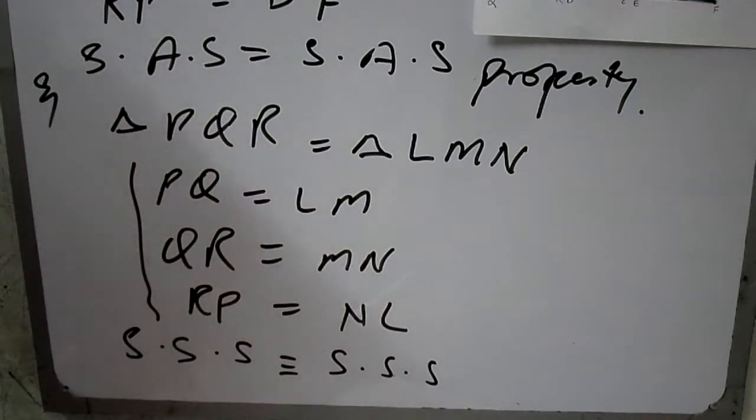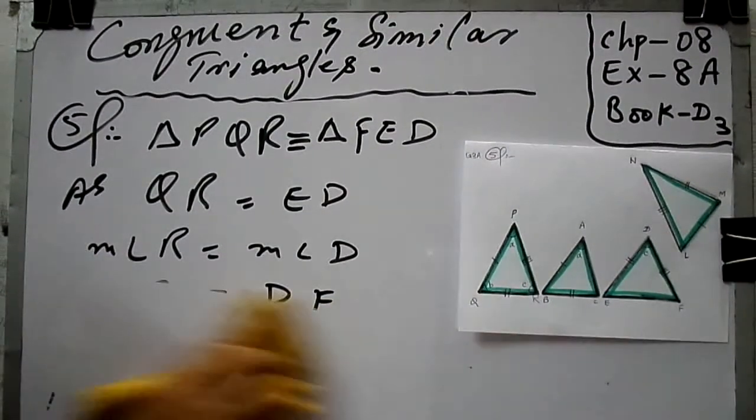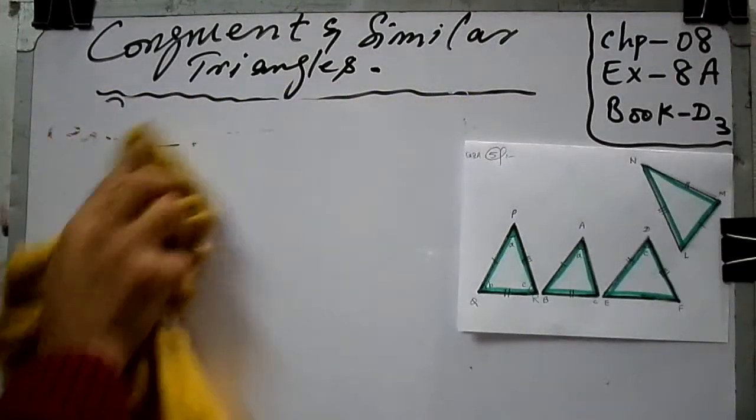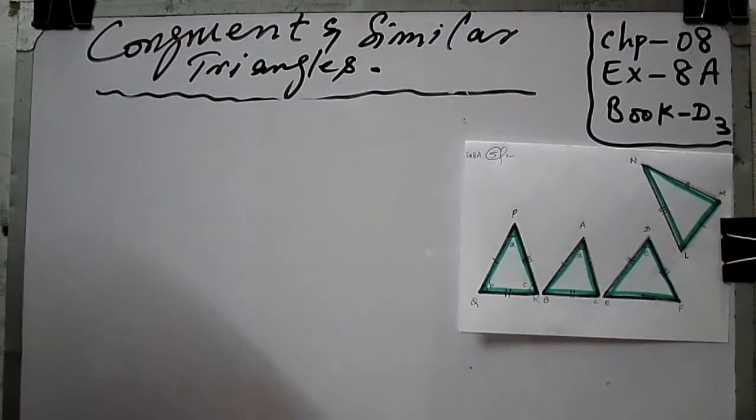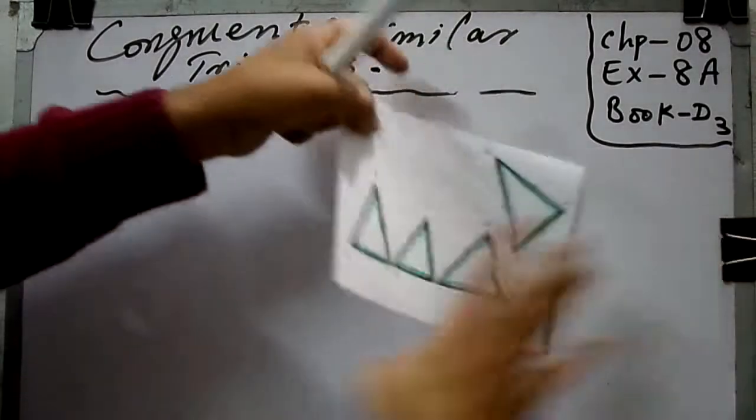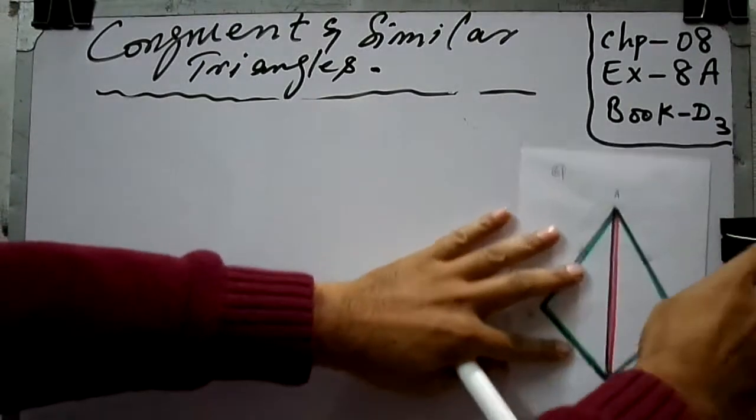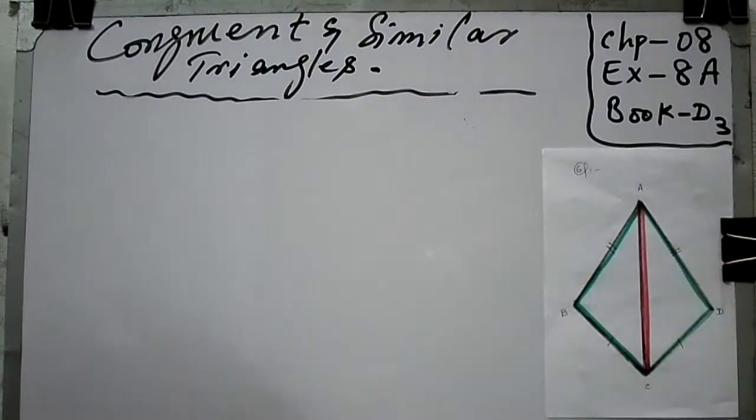Similarly, coming to question number 6, we have to fill in the blanks. Question number 6 says: copy and complete the following in triangle ABC and triangle ADC.